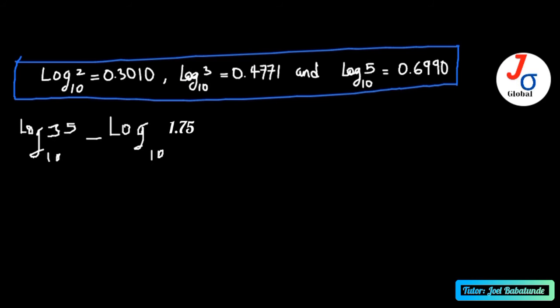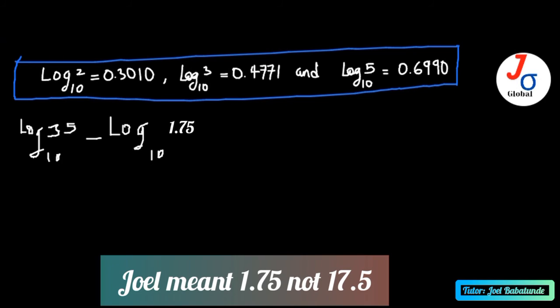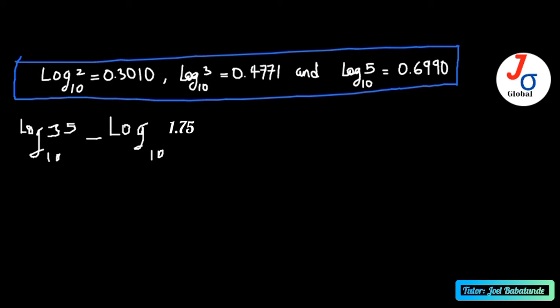All right, so we want to take this example and evaluate log 35 base 10 minus log 17.5 base 10. So we're going to do this with log 2, log 3, log 5. How do I write this in terms of these three values? I'm going to write 35 as 7 times 5.